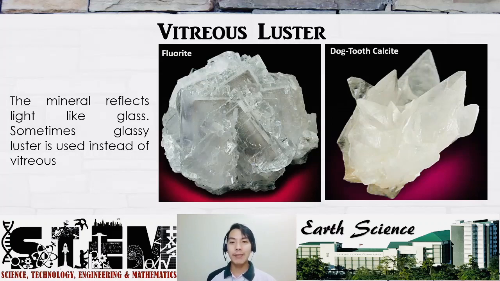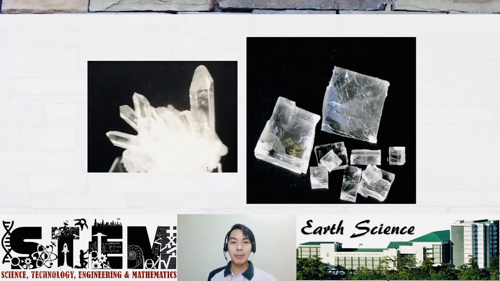Examples are fluorite and dogtooth calcite. They seem like glass, but they're not. They're actually minerals that exhibit vitreous luster. These are more examples of vitreous luster.